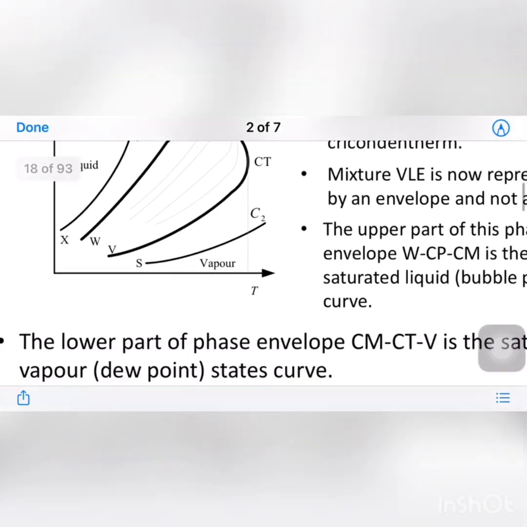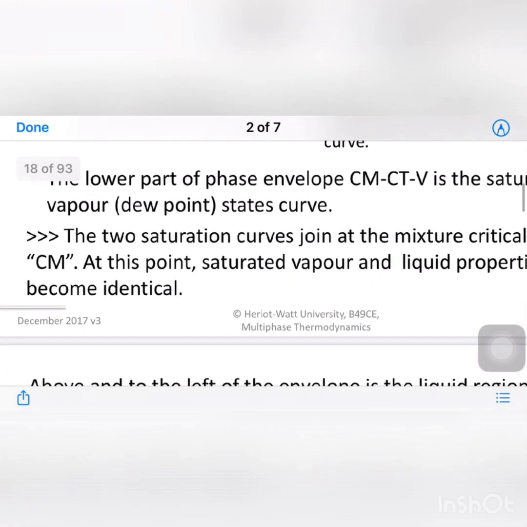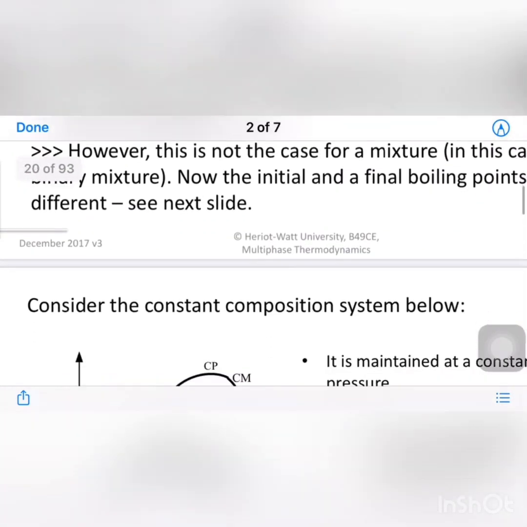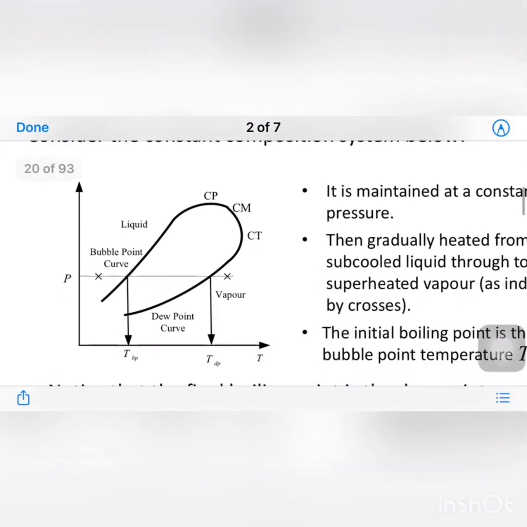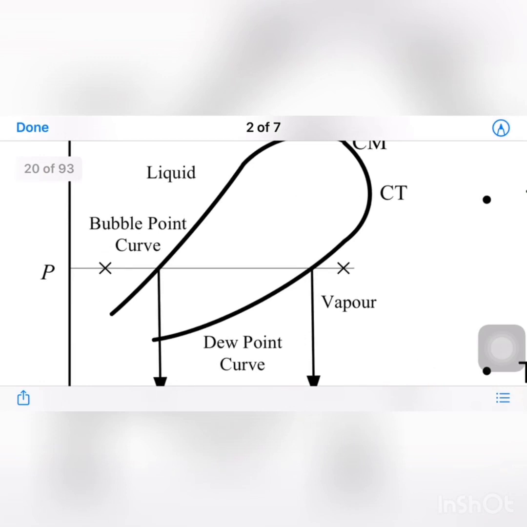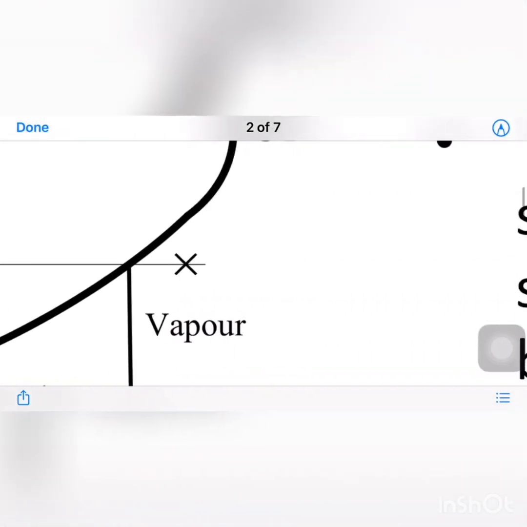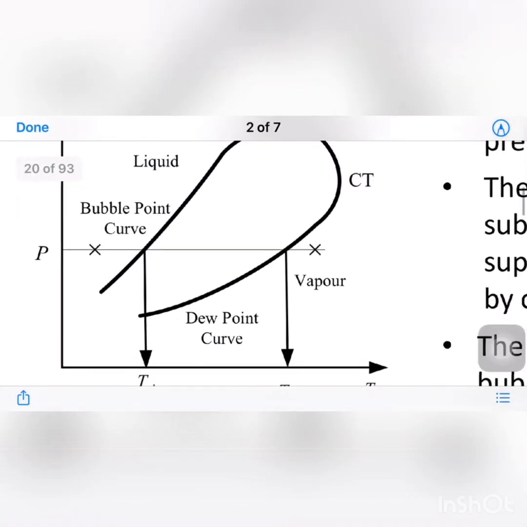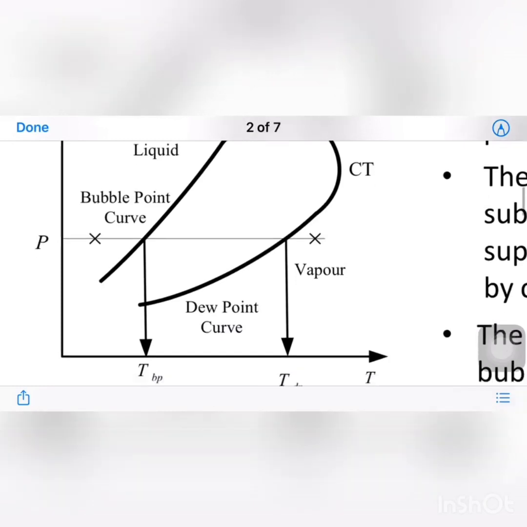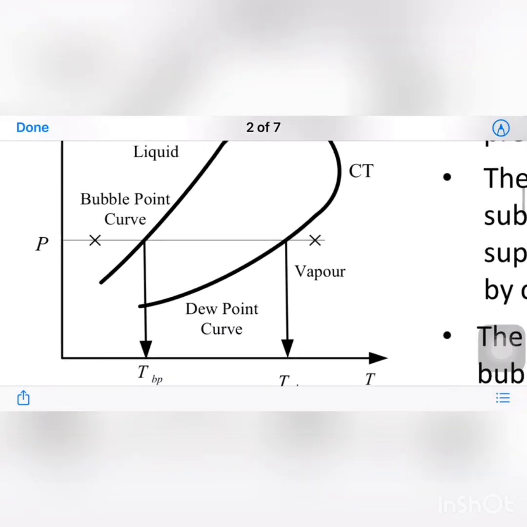We can see here the dew point and bubble point, and in this slide you can see increasing temperature from this point to this point at constant pressure. Here, firstly we have a liquid phase, and increasing temperature causes us to intercept this bubble point curve.